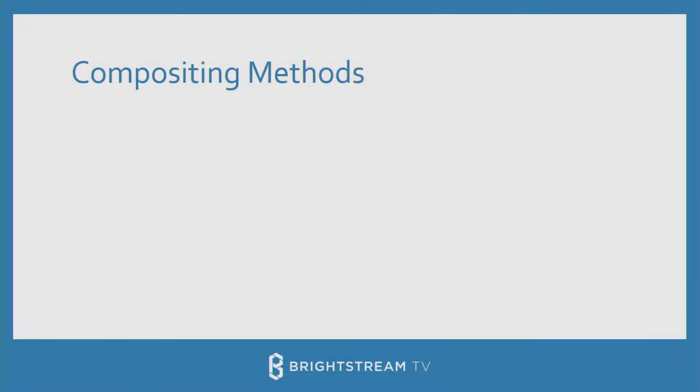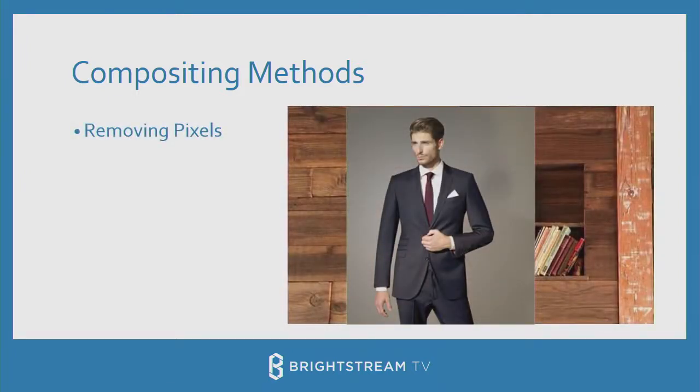All right, so the way I see it is there are 3 basic methods of compositing images in Photoshop. So what is compositing? Well, basically you are putting multiple images together. You are mixing pixels maybe from different images, okay? So one method of doing this is simply the removal of pixels.